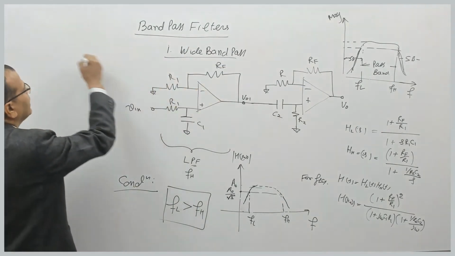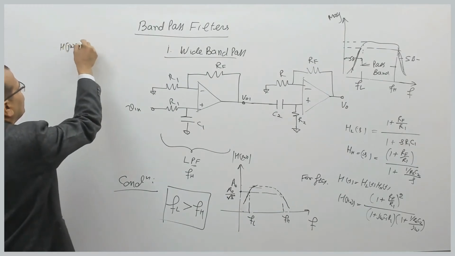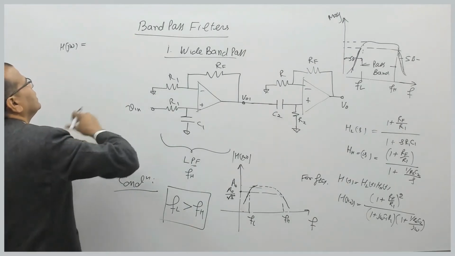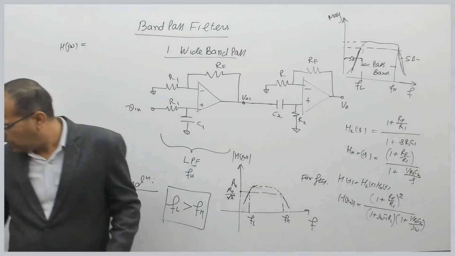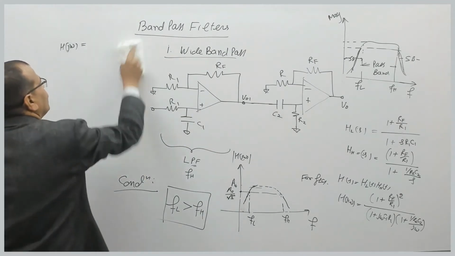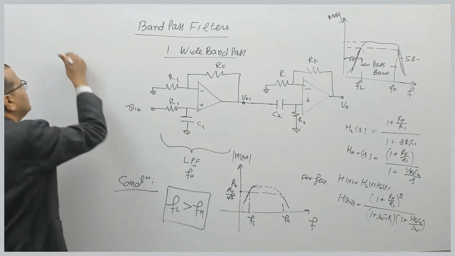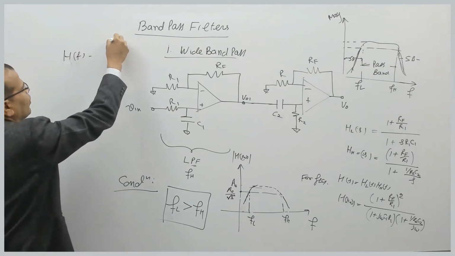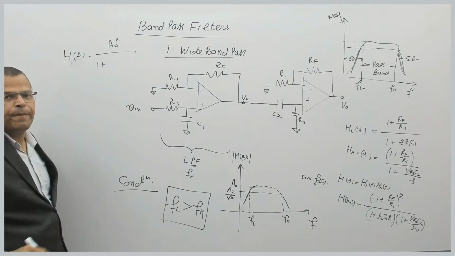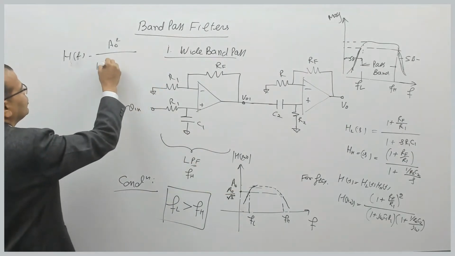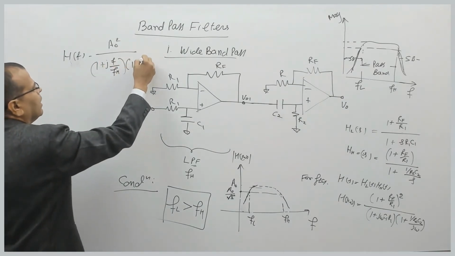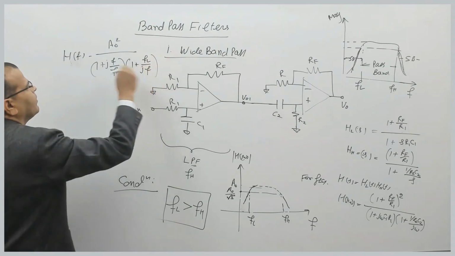You can write the overall transfer function as H f equal to A naught times j f by fH into 1 plus fL by j f, right?